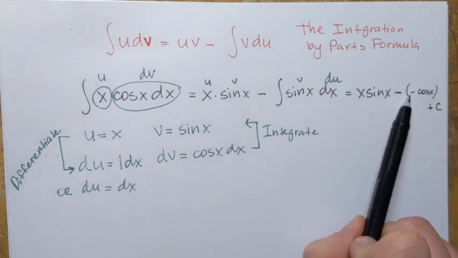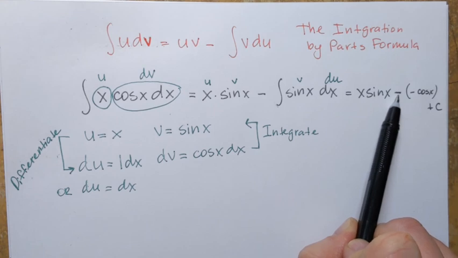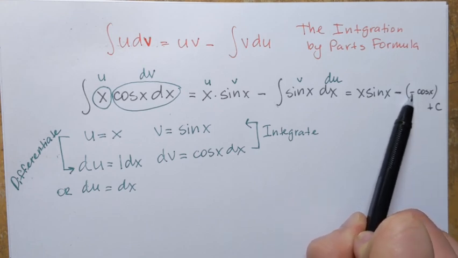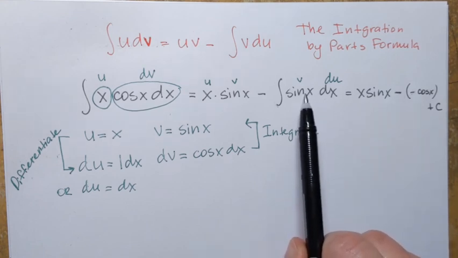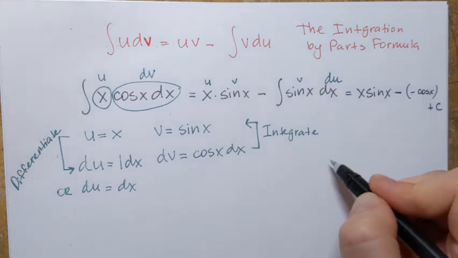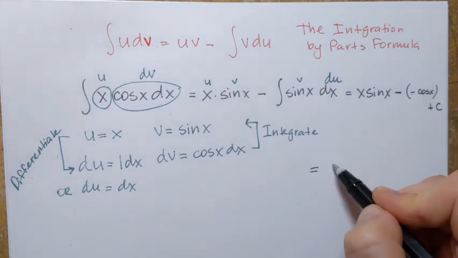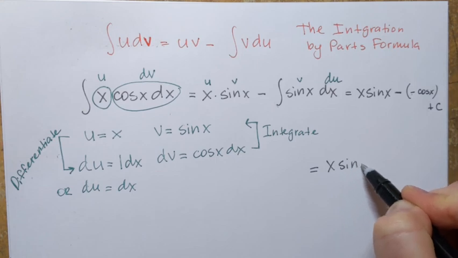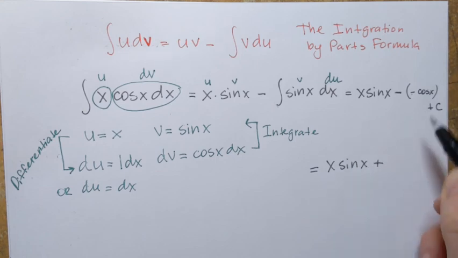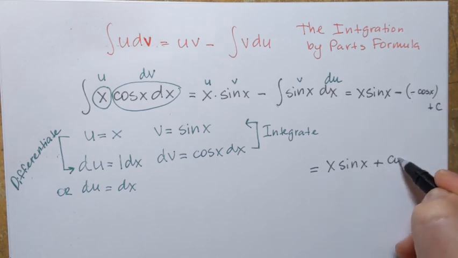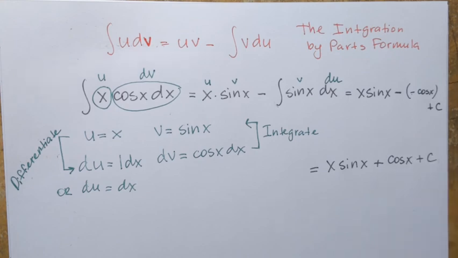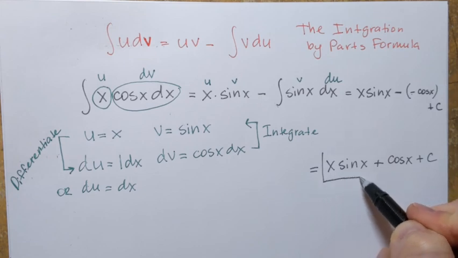Now, be careful, I have two negative signs here, one from the formula and one from the rules of integration, right? I'm going to rewrite the answer: x sine of x plus, since minus and minus give plus, cosine of x plus c. And that's going to be the final answer for this problem.